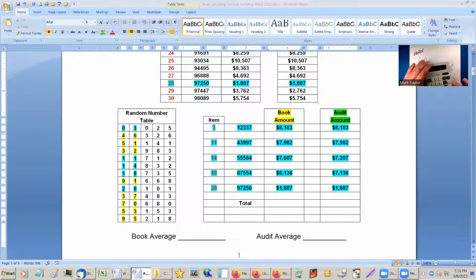So the book amount that I calculated is $33,795. And same thing over here, $32,395.